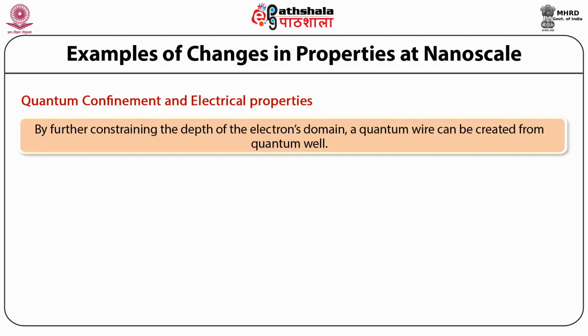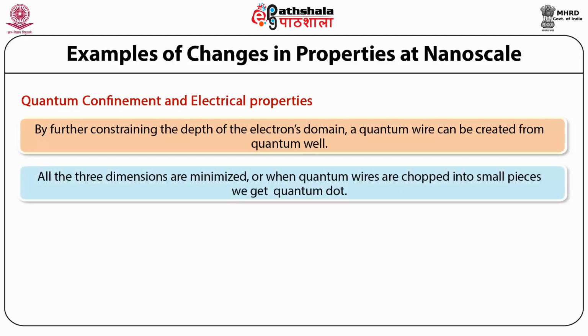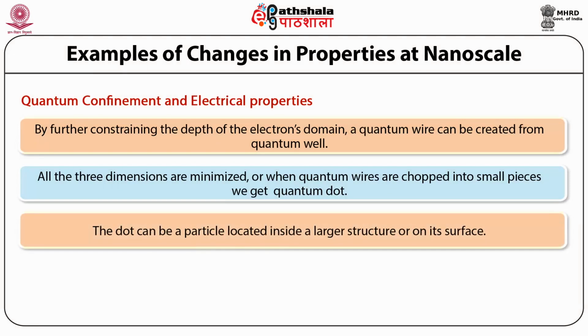Now, when all the three dimensions are minimized, or when quantum wires are chopped into small pieces, we get quantum dot. The dot can be a particle located inside a larger structure or on its surface.